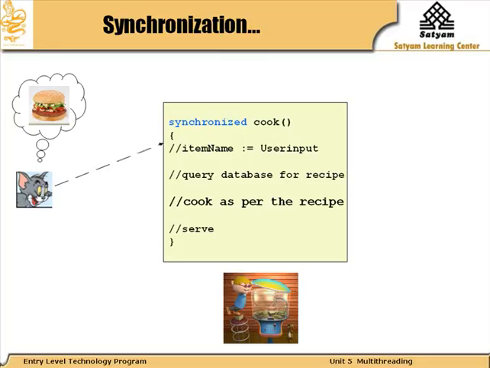Tom thread orders the burger. Mr. Cook is currently free. His cook method is not executing on any thread. This means that he can take the order. Mr. Cook locks the code, takes the order, gets the recipe, and starts cooking.